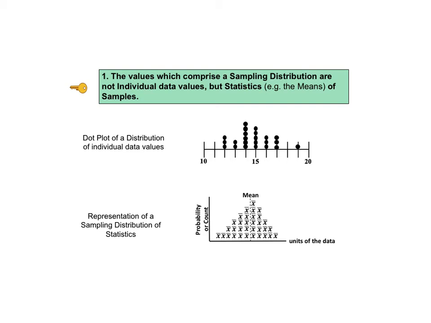Each individual X-bar symbol represents a statistic, in this case the mean, of a different sample. A statistic is a numerical property of a sample. Examples are the mean, the range, standard deviation, variance, proportion, and so on. Each symbol in this graphic represents one sample and the statistic which describes it, its mean. We can see that this distribution of the sample means has its own mean and that it is in the units of the data.